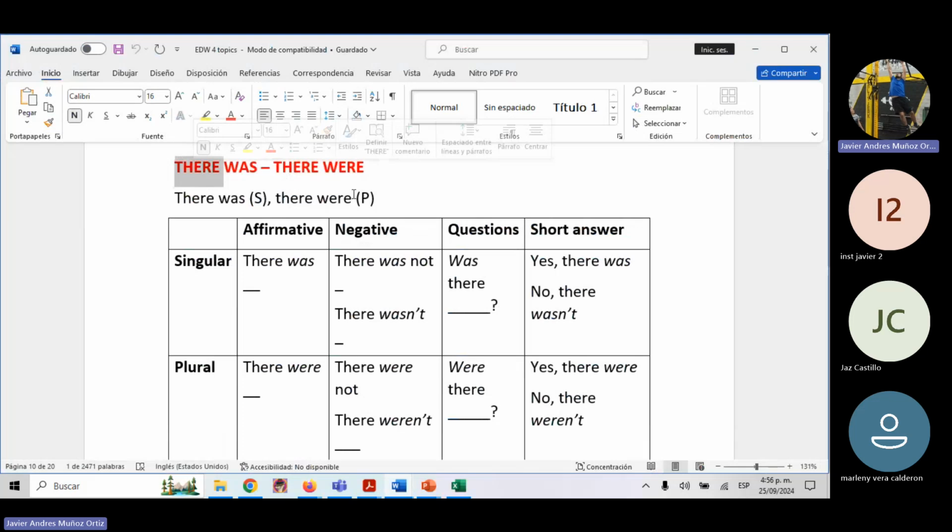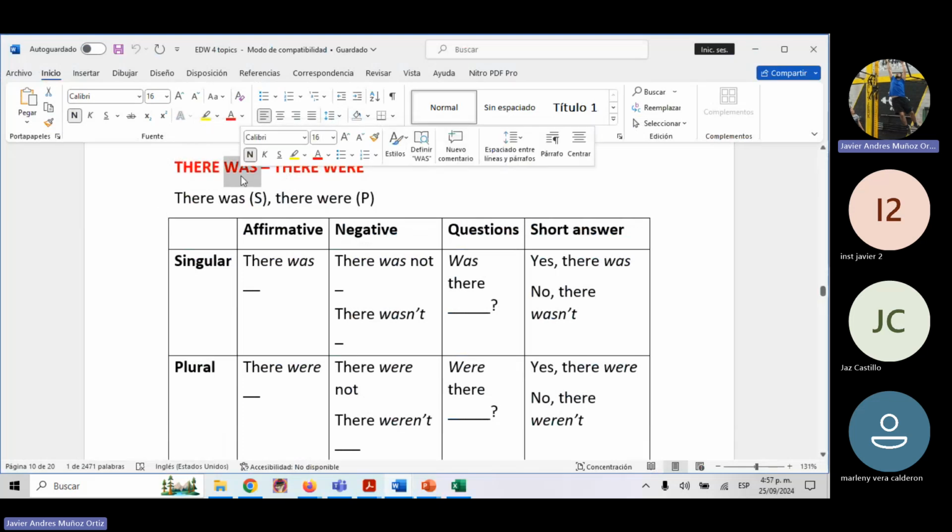In English, this is very important because the concept changes according to the amount, both in affirmative sentences and in negative sentences too. So taking that into account, there was is the past form of there is, and there were is the past form of there are. That's it. So there was is used with singular nouns, and there were is used with plural nouns, and that's it.